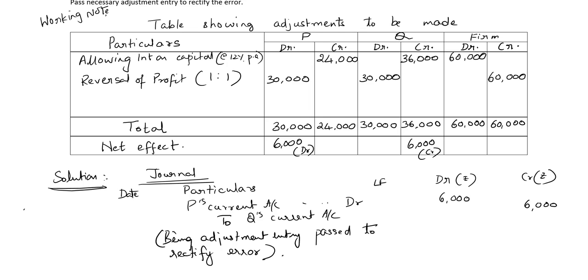So this is a solution. It starts with a working note showing the table showing adjustments to be made, and finally we will form the journal entry, and that is a solution to the problem.